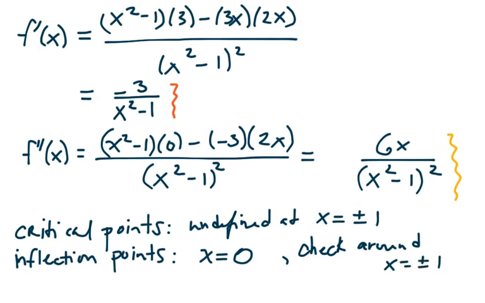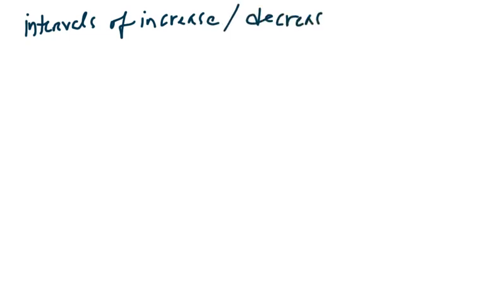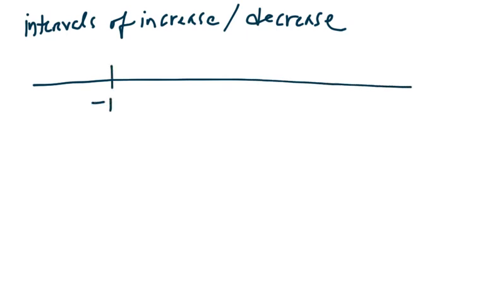Okay, so now let's look for the intervals of increase or decrease. Okay, so let's see here. I want to check around the asymptotes. Ideally I'm looking for critical points here, but again we don't really have any points where the derivative is 0, we just have points where it's undefined.